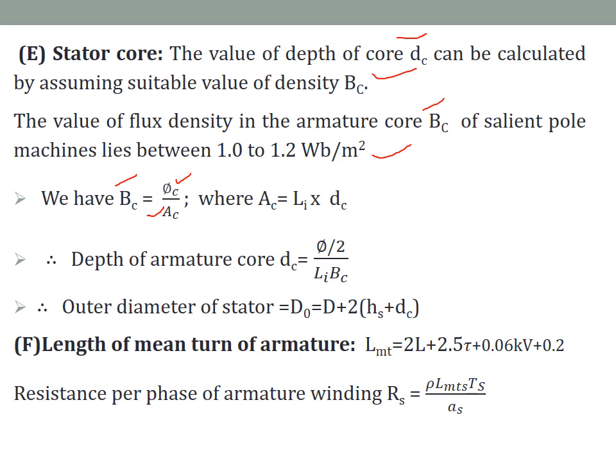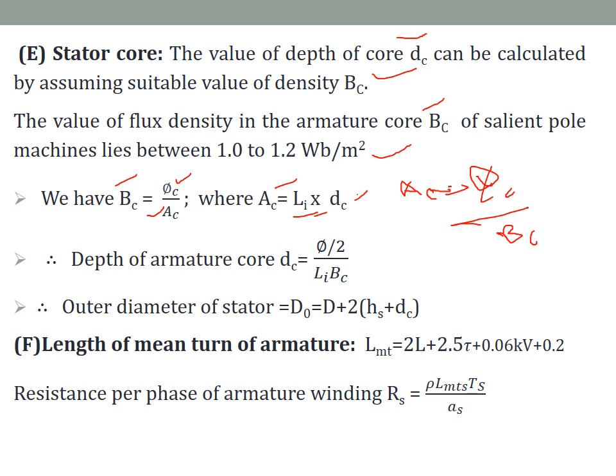Here the area of the core is also given by Li into DC, the net iron length multiplied with the depth of the core. So now equating, AC can also be written as phi C by BC.